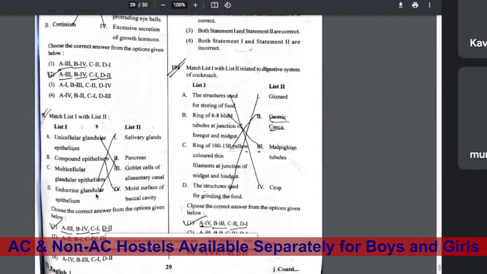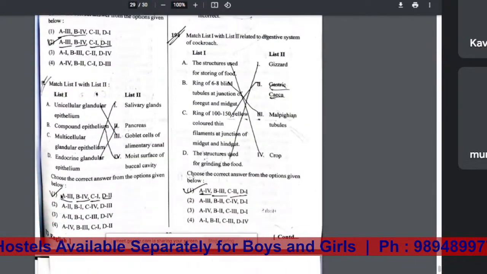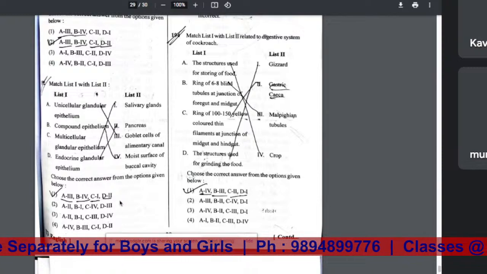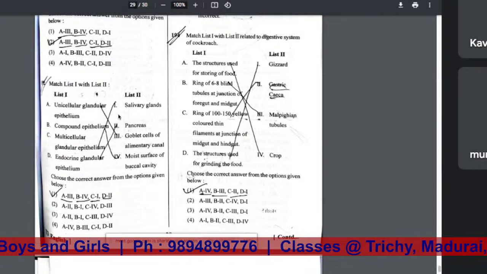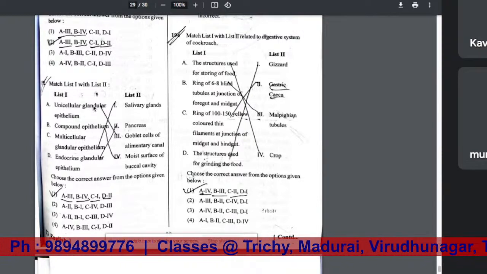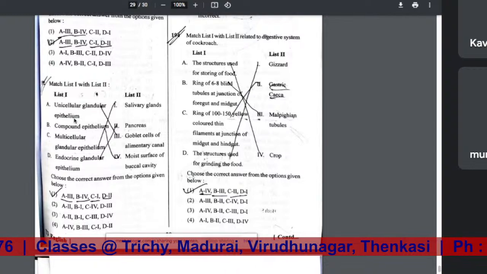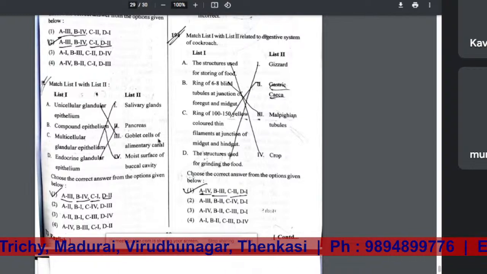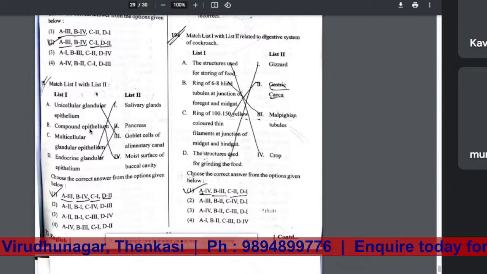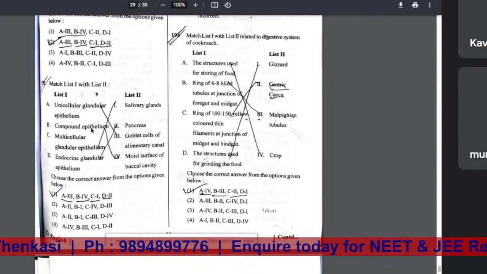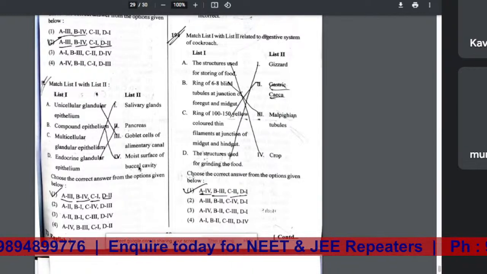The next one is the 192nd question. The option is 1. Look at the options here. You have A with 3. Unicellular glandular epithelium is found in the goblet cells of the alimentary canal. Compound epithelium is found on the moist surface of the buccal cavity.